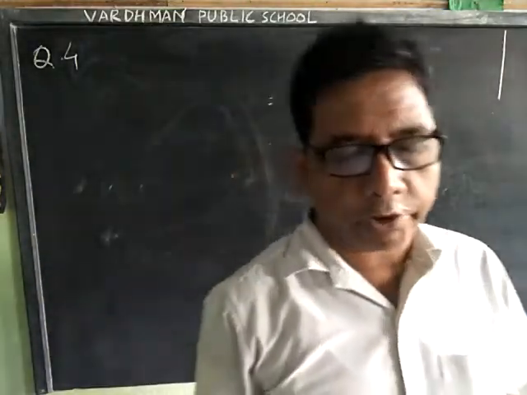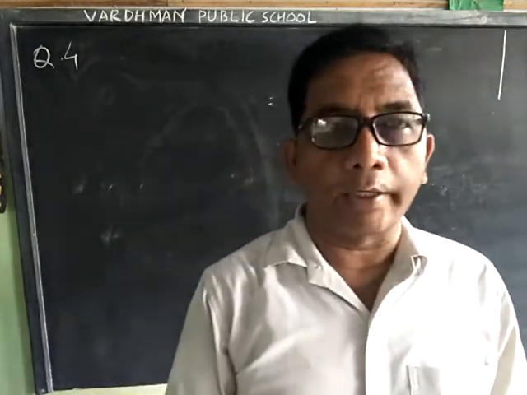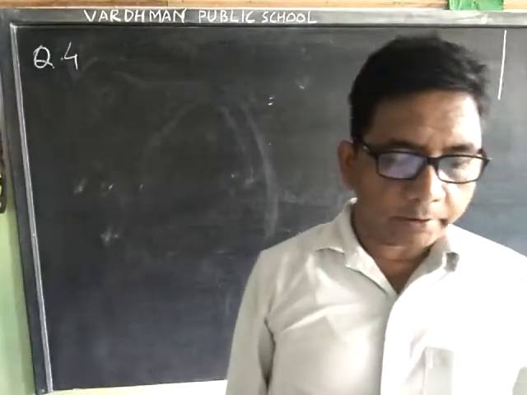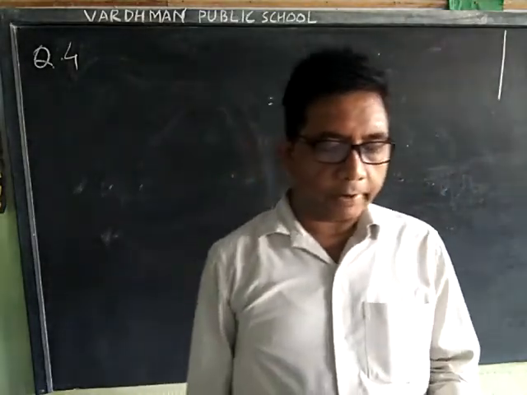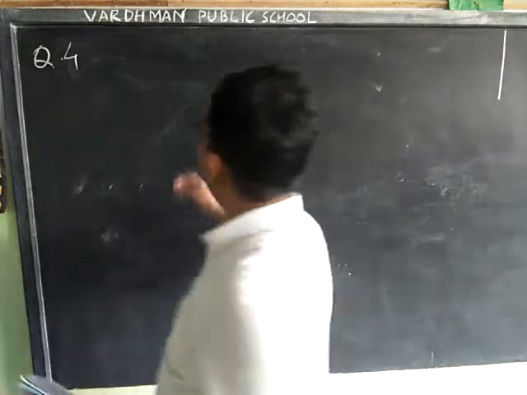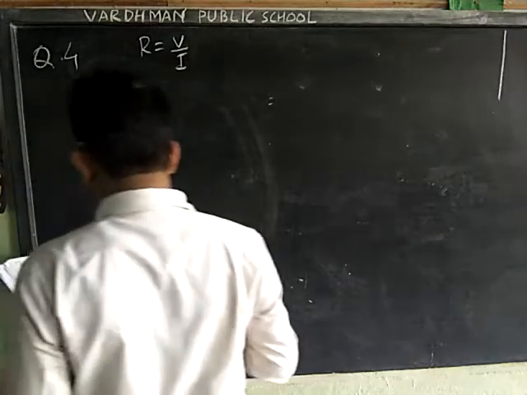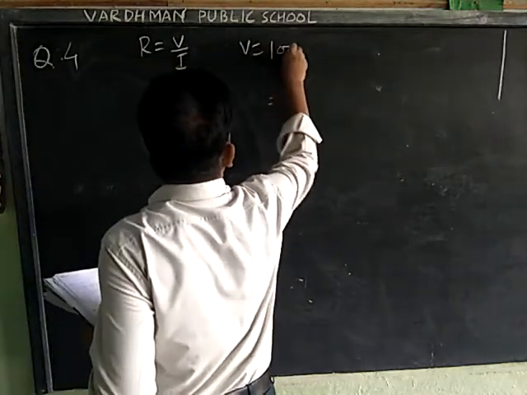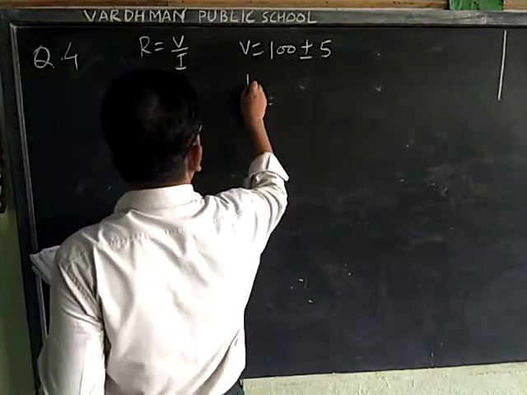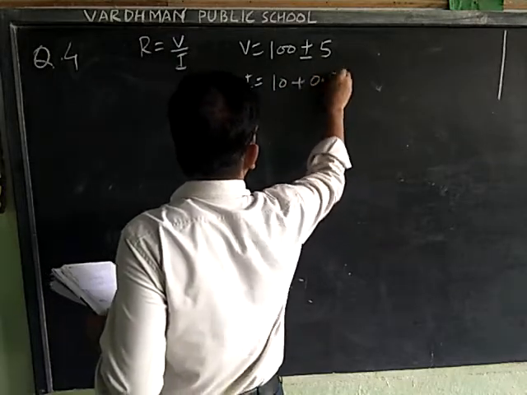The resistance R is equal to V upon I, where V is equal to 100 plus minus 5 and I is equal to 10 plus minus 0.2. Find percentage error in R.